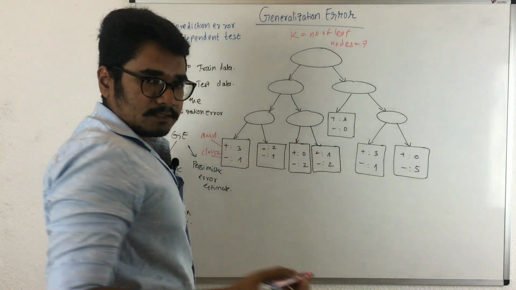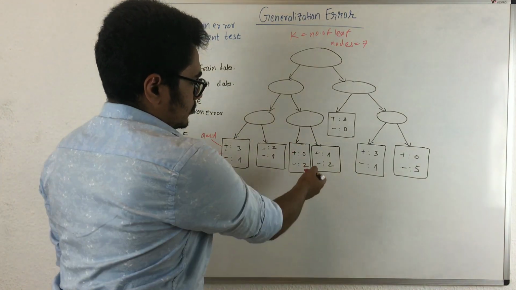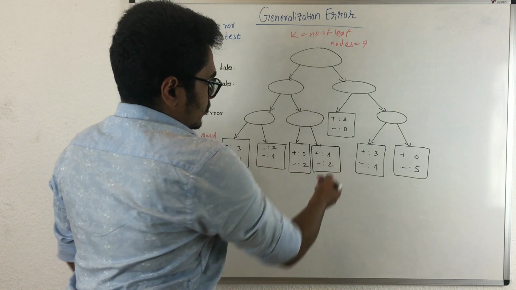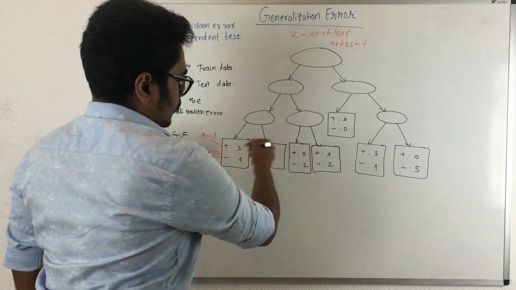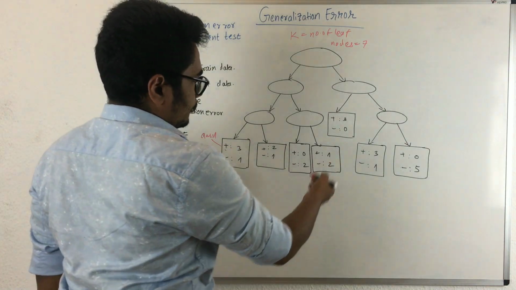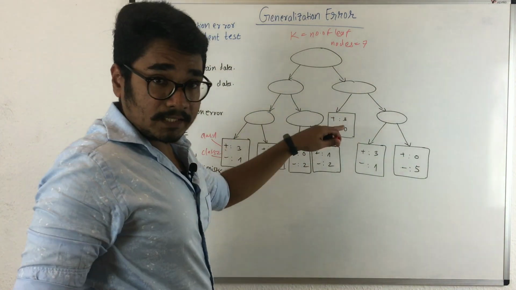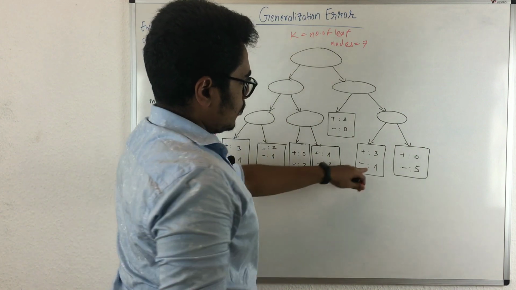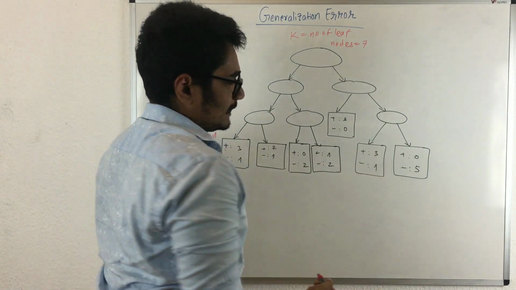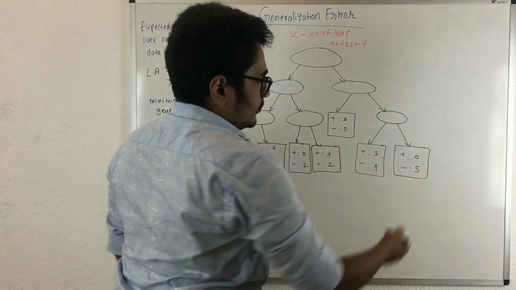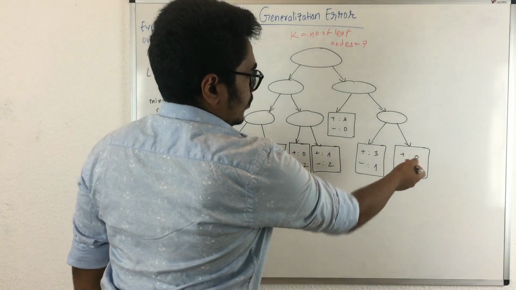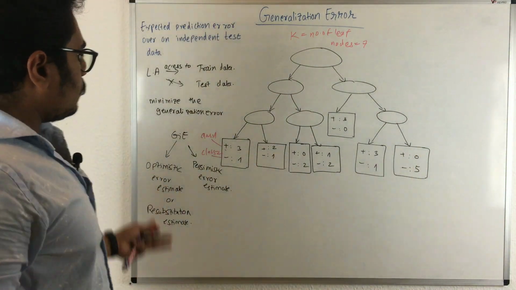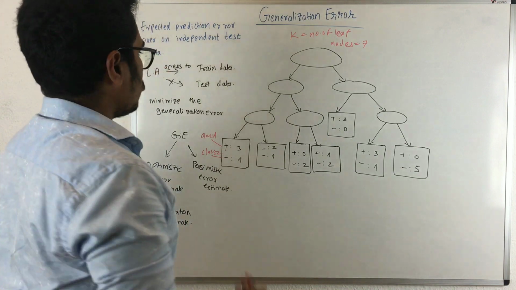Here all the instances were correctly classified as negative. Here one instance was classified as negative, so whatever is the smallest number, you go with that. Here all 3 instances are correctly classified as positive. Here one instance is incorrectly classified as negative, and here all instances are correctly classified as the negative class. So how do you estimate the optimistic error?